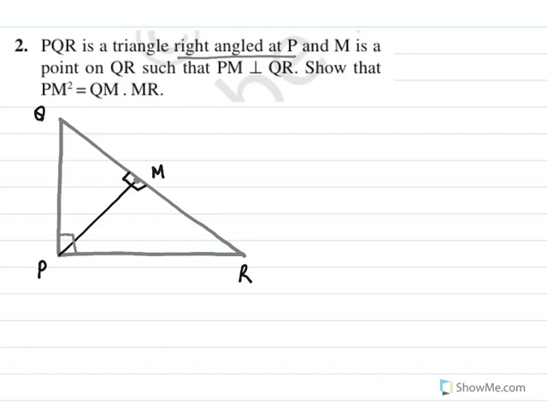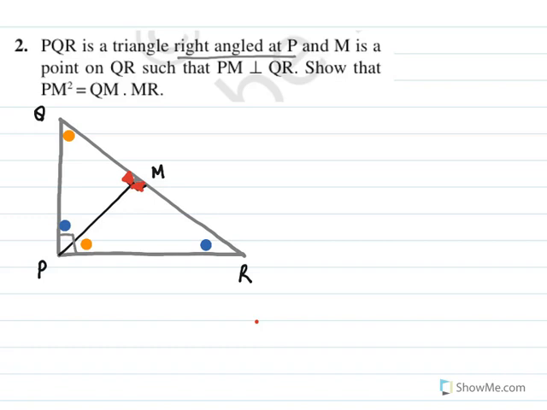So let me write the similarity correctly. But before that, in all such cases, we know P should be equal to Q, and here this P should be equal to R. 90, 90.